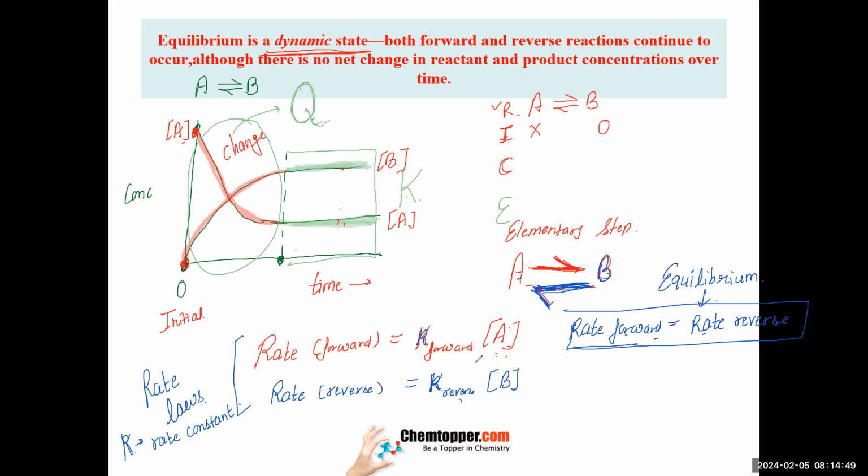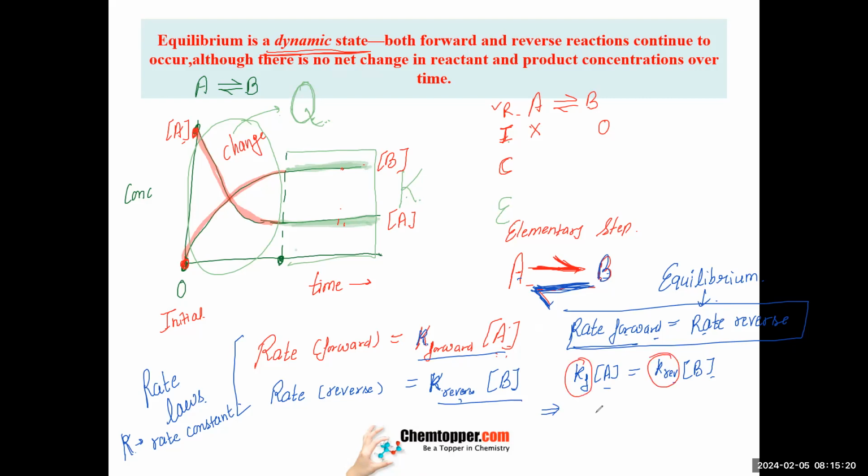What is the rate of the forward? This: k, the rate constant for the forward direction, times the concentration of A, is equal to the reverse, which is k, the rate constant for the reverse direction, times the concentration of B. Now these two are equal. I'm going to isolate the constants. There are two constants you can see.